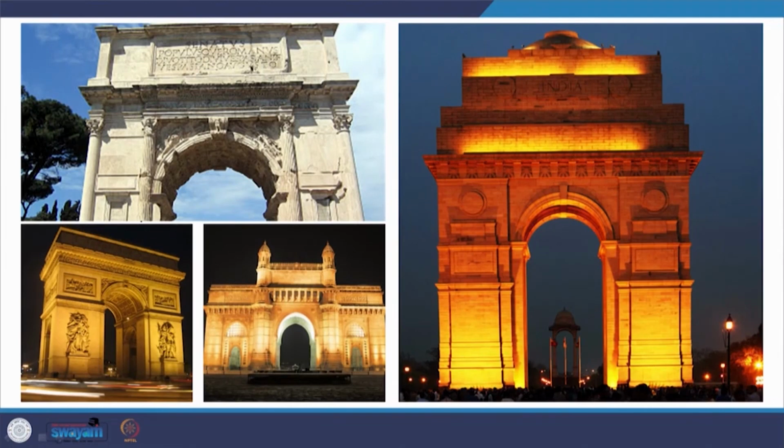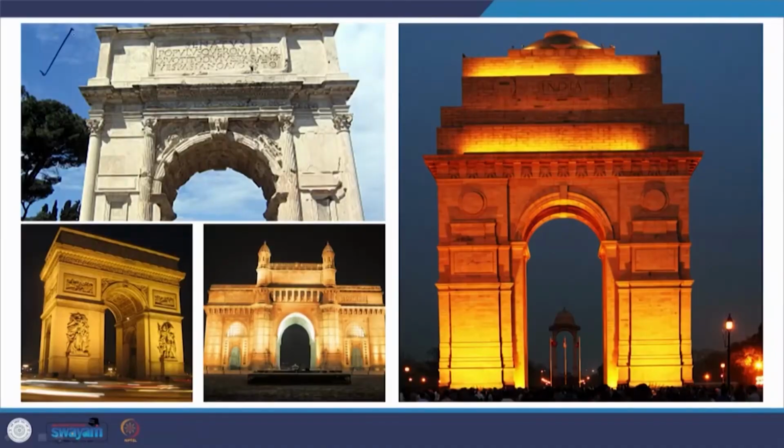Now the India Gate per se is a derivation of earlier gates made all the way back to the Roman Empire. The triumphal arches used to be made in the Roman Empire, and they used to be built when the Roman general with the victorious Roman army would enter Rome, and to commemorate that occasion the triumphal arches were built.